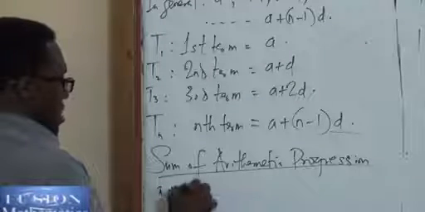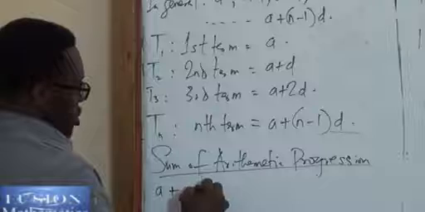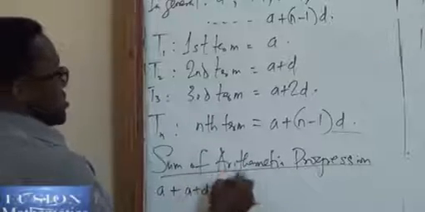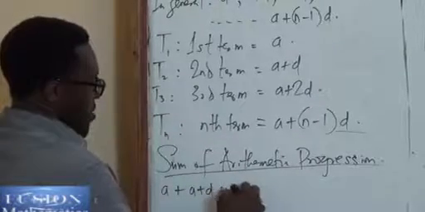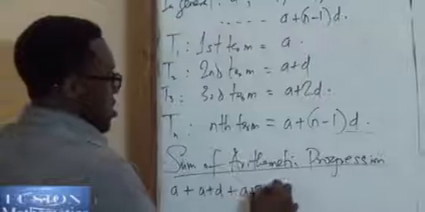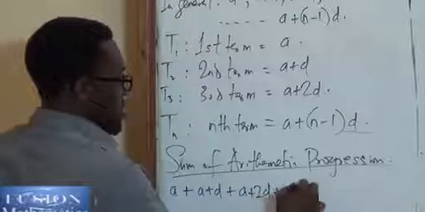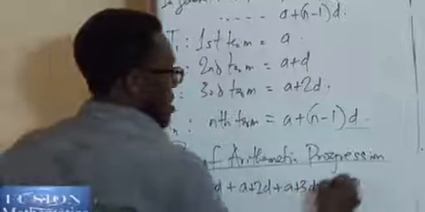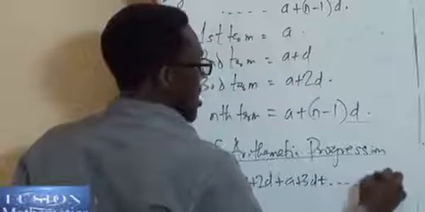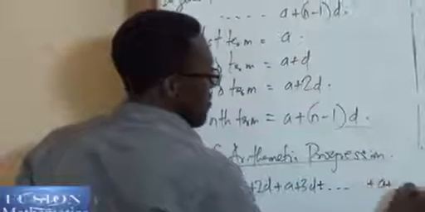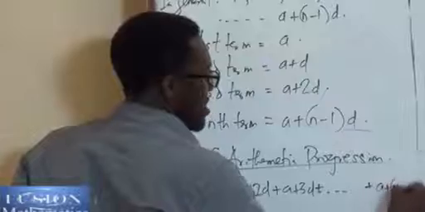The first term A plus the second term A plus D plus the third term A plus 2D plus the fourth term A plus 3D, all the way to the last term, which is A plus N minus 1D.